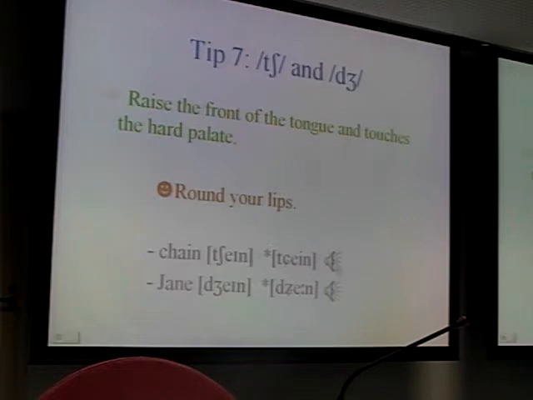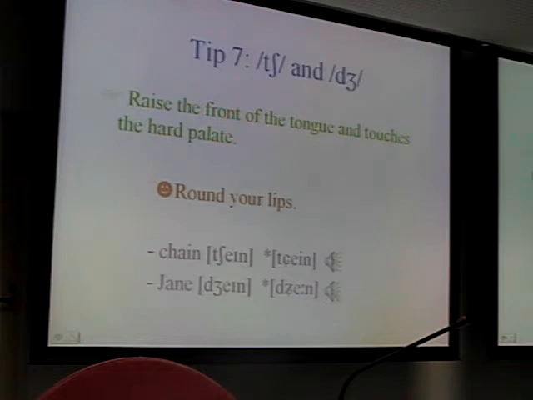But "chain" is pronounced as "chain" with an unrounded affricate. If you round your lips, then it sounds much closer to the English "ch" sound.